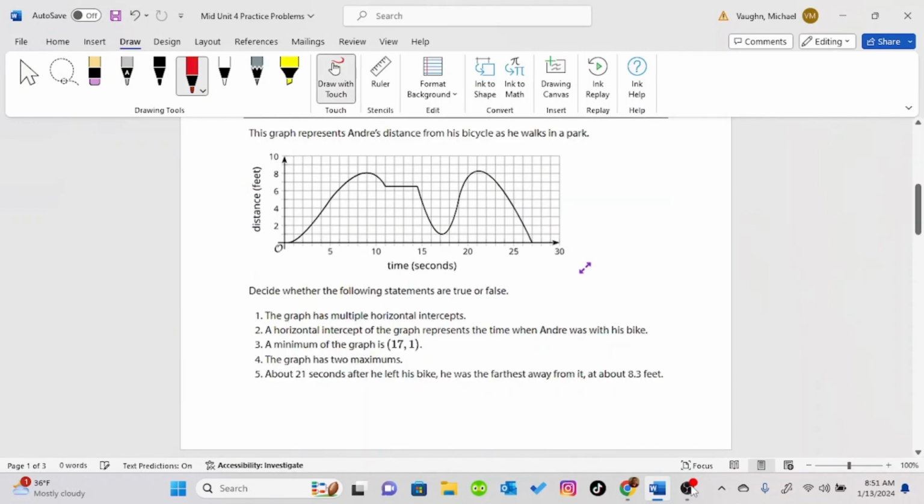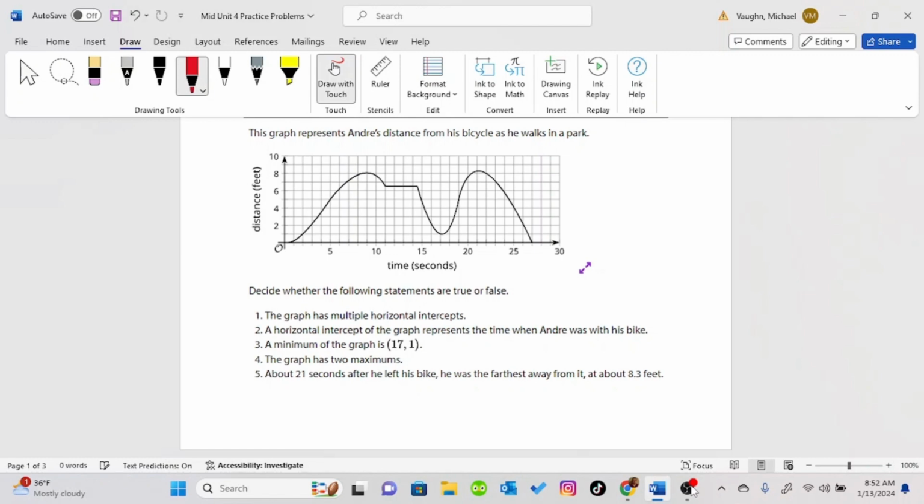This graph represents Andre's distance from his bicycle as he walks in a park. Decide whether the following statements are true or false. So if you notice, time in seconds is our input.